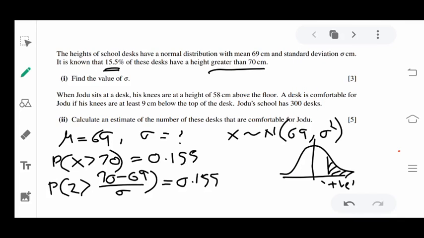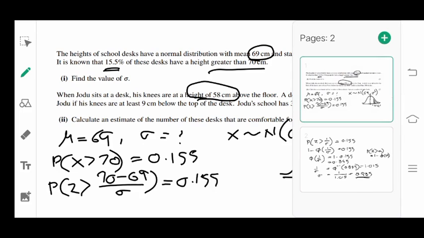And when we go to the next part of the question, it says, when Jodu sits at a desk, his knees are at a height of 58 centimeters above the floor. A desk is comfortable for Jodu if his knees are at least 9 centimeters below the top of the desk. The mean height of the top of the desk is 69 centimeters, and the height of Jodu's knees is 58 centimeters above the floor.